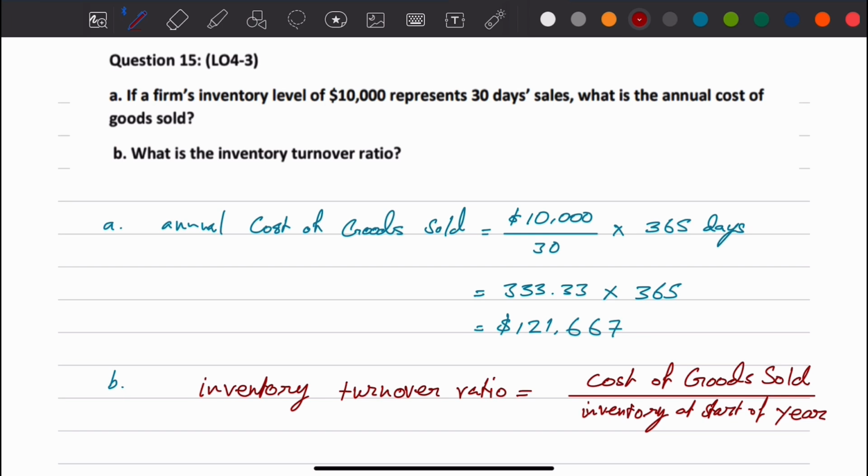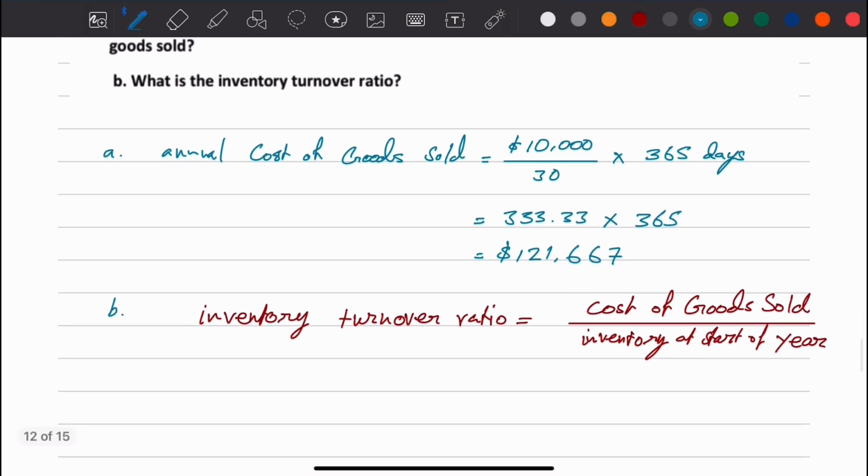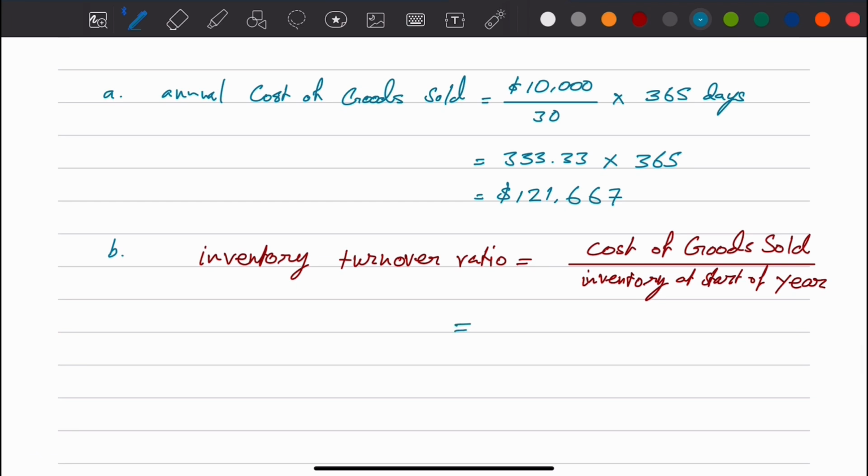Okay, and now we have both of these figures, so we can simply find the inventory turnover ratio. We have the annual cost of goods sold, and going back to the question, we do have the inventory at the start of the year, which is the $10,000, right? So that will be $121,667 divided by 10,000.